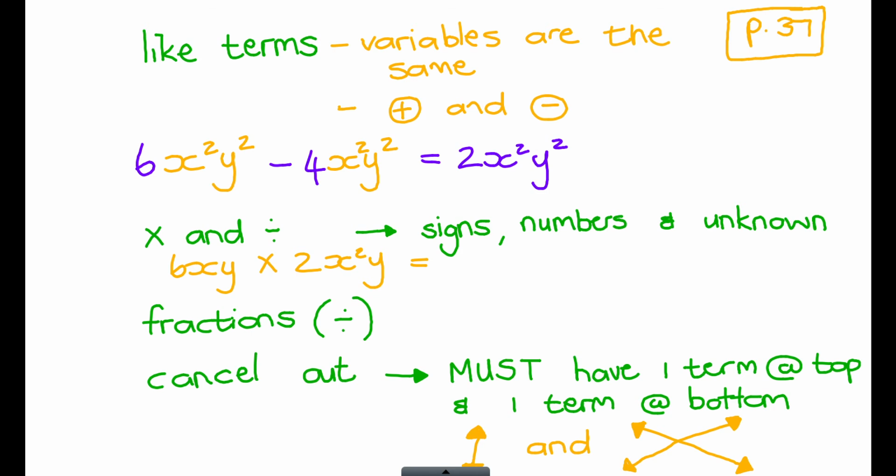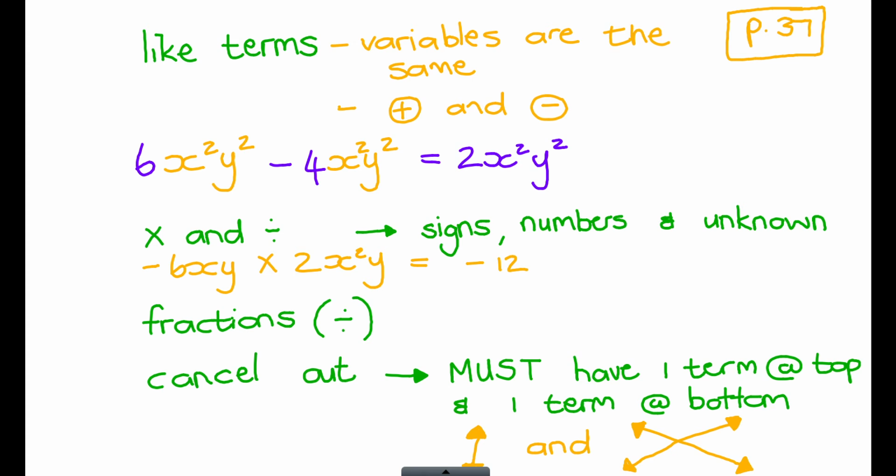So, what I usually do, let's make this a minus. How I tick my boxes is I remember first multiply the signs, then multiply the numbers, and then multiply the variables or the unknowns. Okay, so let's start with the signs. A negative times, what's written here? A positive. Will give me a negative. Okay, 6 times 2 is going to give me 12.